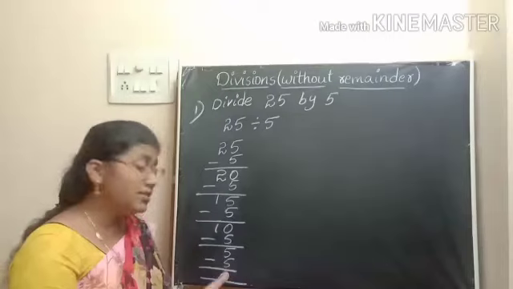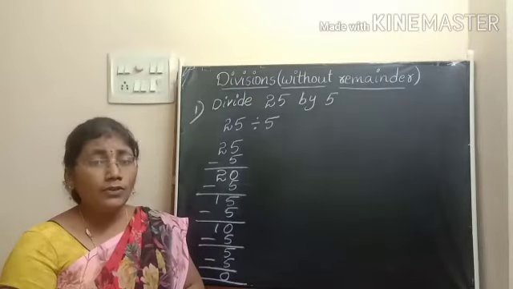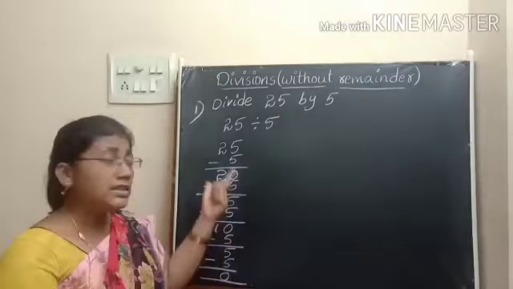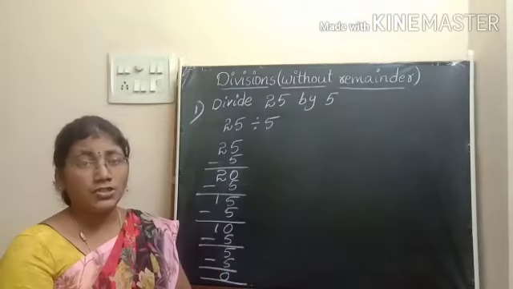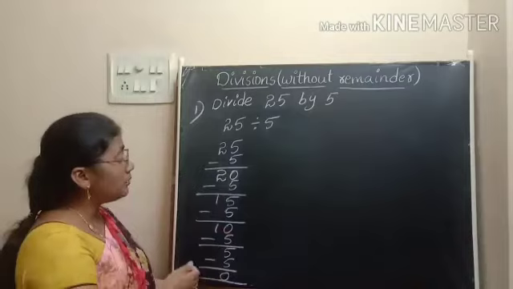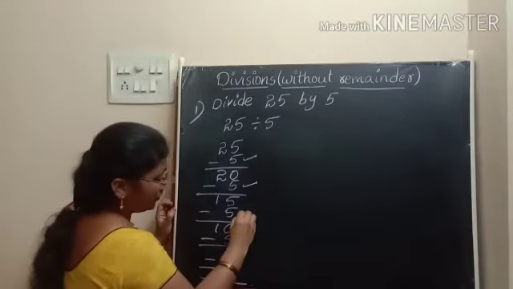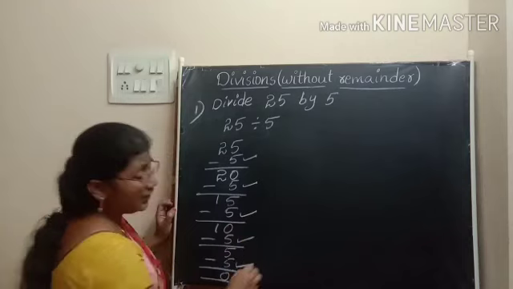Now we get 0 as result. Till we get 0, we have to continue this process. This is called repeated subtraction. How many times we subtracted 5? Look here. 1, 2, 3, 4 and 5 times.